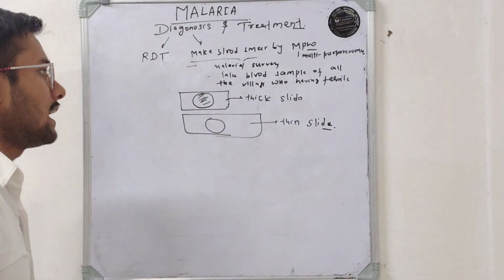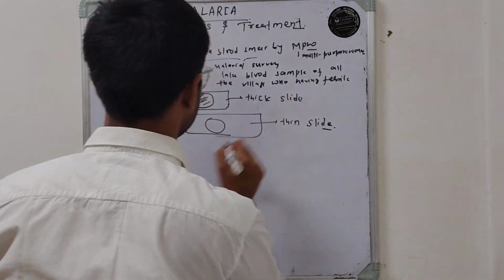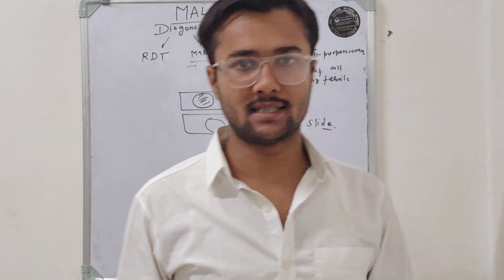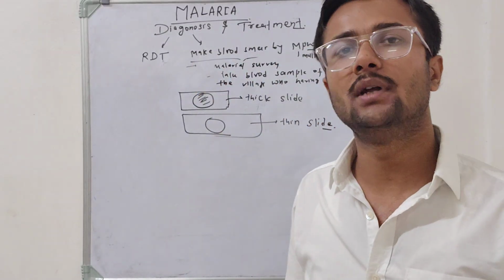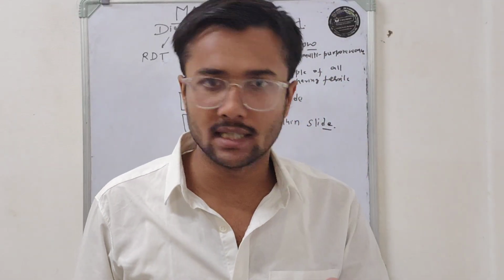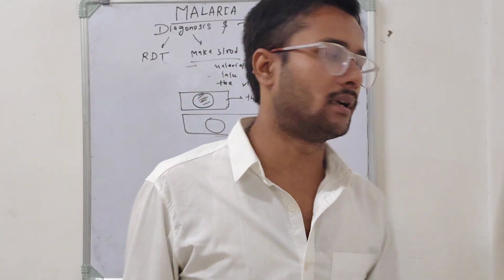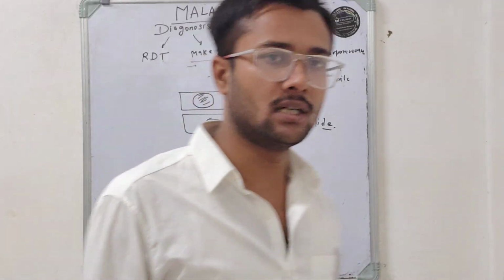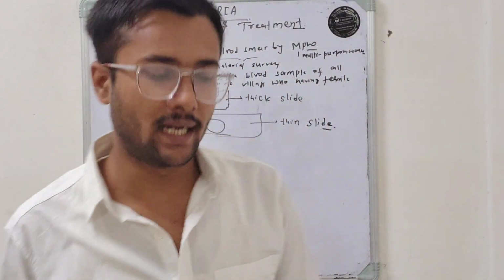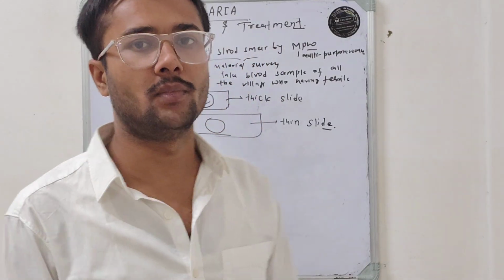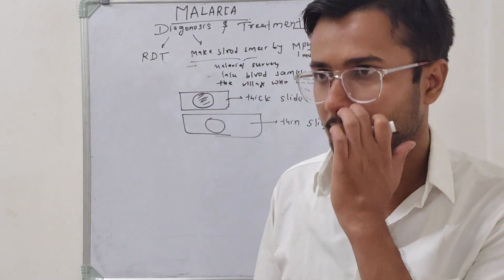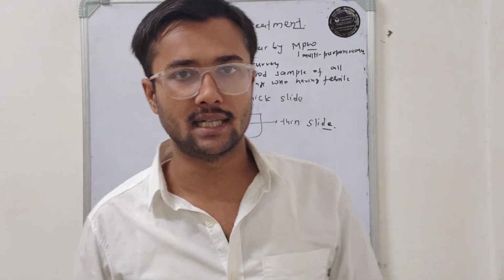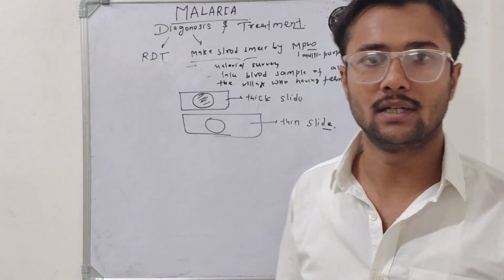This thick slide is for determination of malarial parasites, meaning whether any malarial parasite is present in the blood sample or not. And this thin slide is for specific speciation of the malarial parasite. I mean which type of malarial parasite is present in the blood sample. Whether it is Vivax malaria or falciparum malaria.